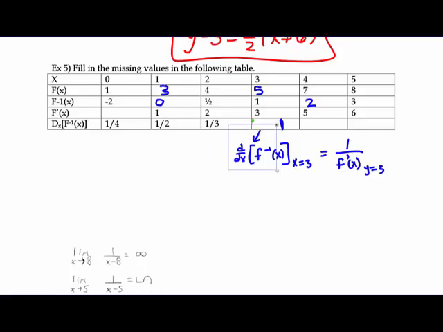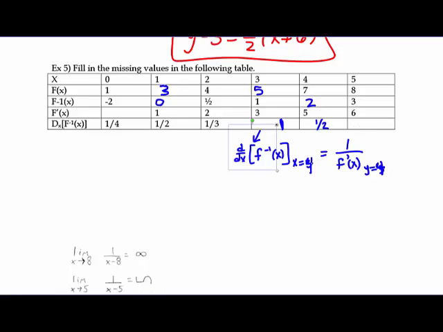All right, now let's try 4. So the derivative of f inverse at x equals 4 is 1 over the derivative of the original when y equaled 4. So in the original, y equals 4 here. So the derivative of f when y equaled 4 was 2. So the derivative of f inverse is 1/2. Okay, one last one.